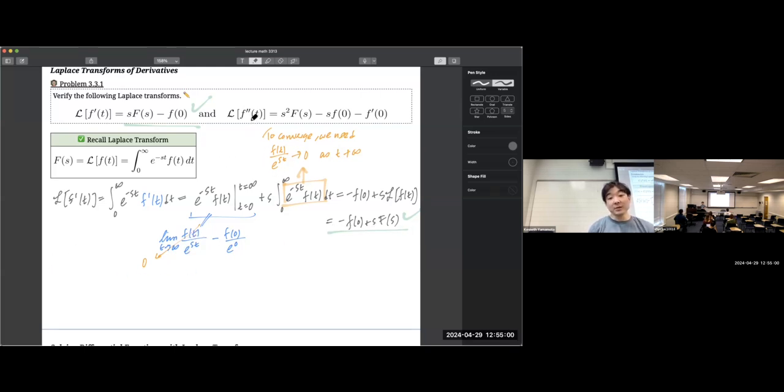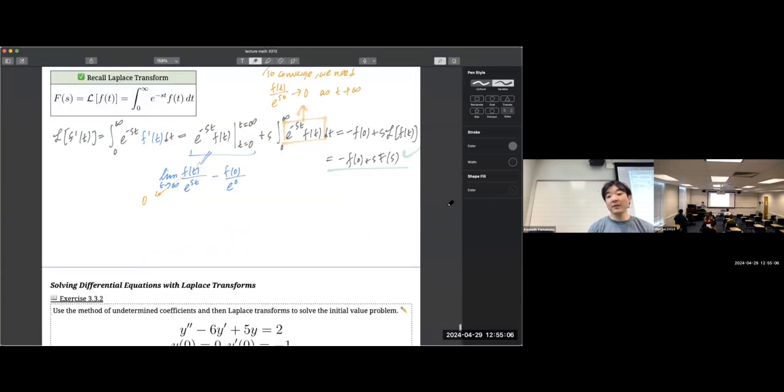Now, for the second derivative, we're just going to reuse the first derivative. The conclusion we got from what we just did is that the Laplace transform of f prime of t is equal to s times the Laplace transform of f of t minus f of 0.